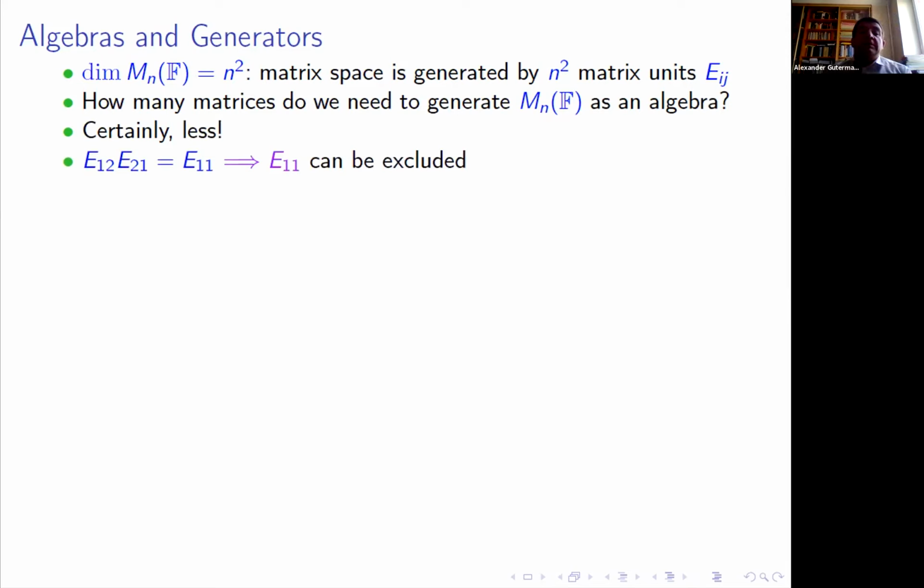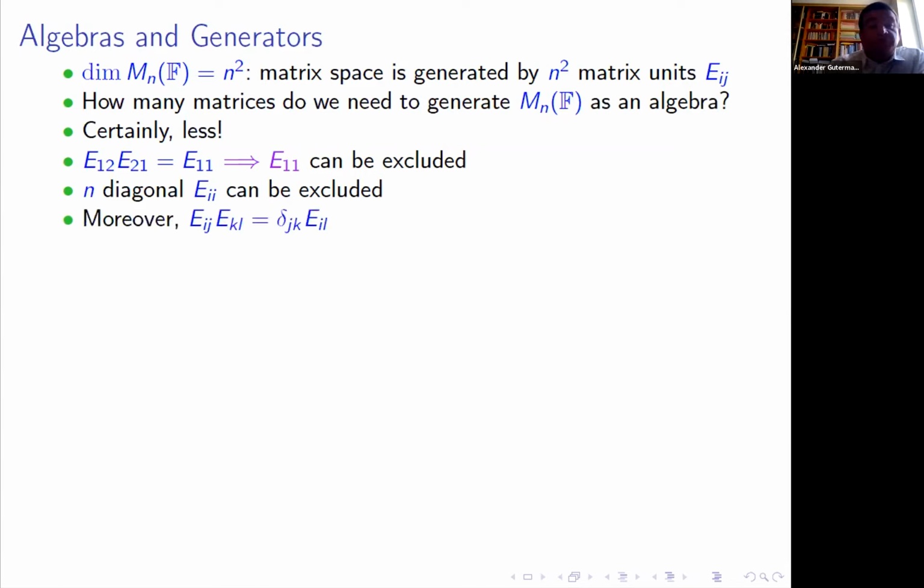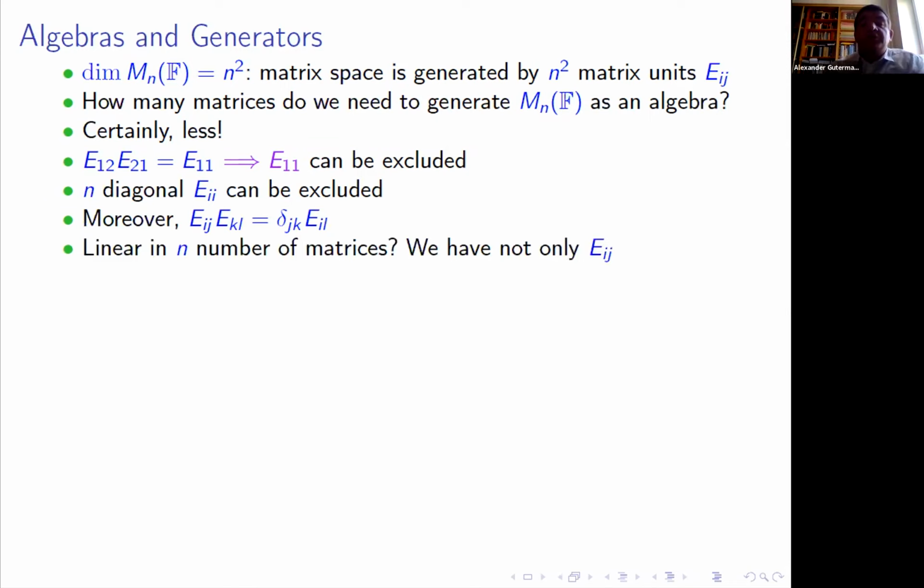For example, this exercise will tell you that you could always exclude E11 from the generators according to that formula, using products. You could exclude all diagonal matrix units the same way. You could use the rules of multiplication for matrix units and exclude much more. But how much further down could you go?